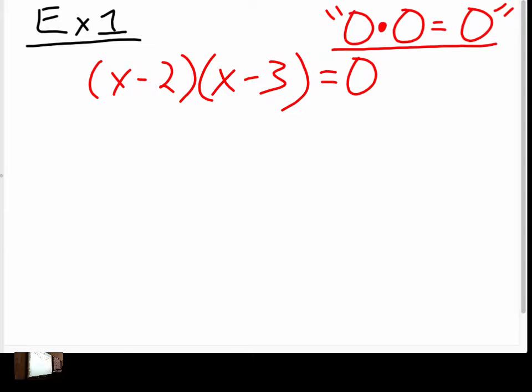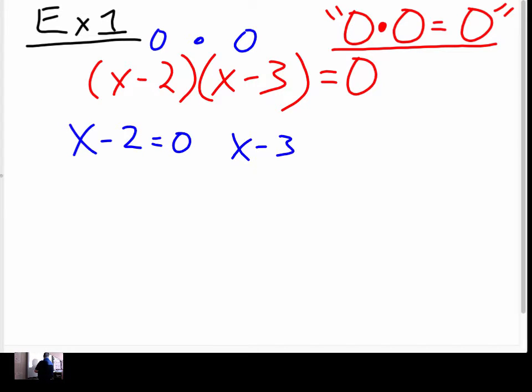Well, if you take x minus 2 and x minus 3 and say what value of x would equal 0 for x minus 2 and x minus 3, and then multiply together. Yeah. So basically what we're going to say is that 0 times 0 equals 0, so x minus 2 equals 0, or x minus 3 equals 0. X could be 2.